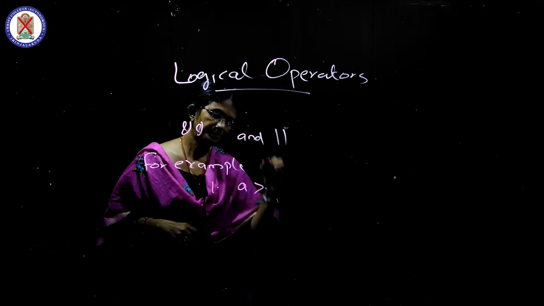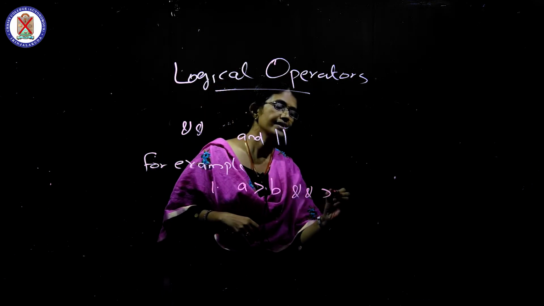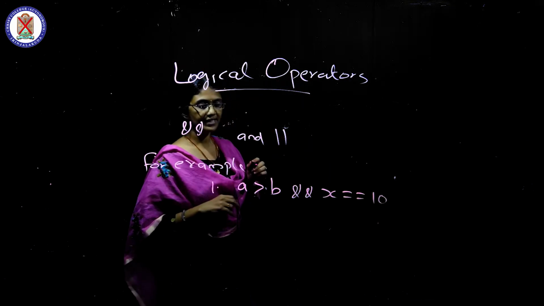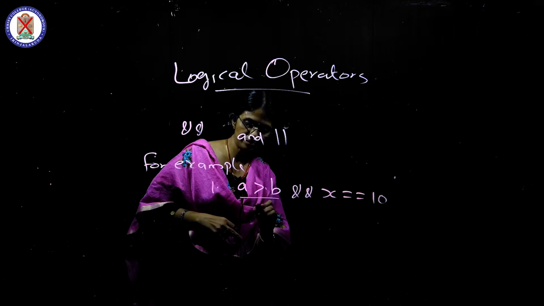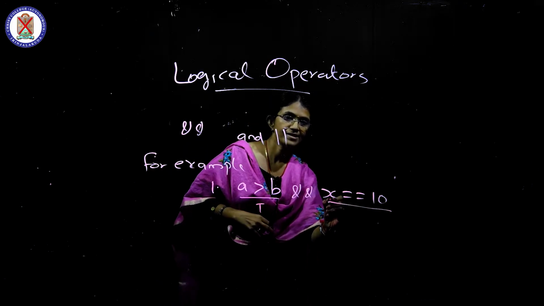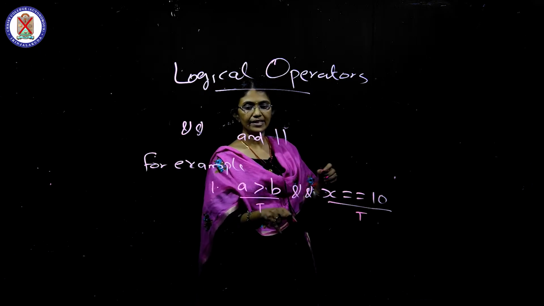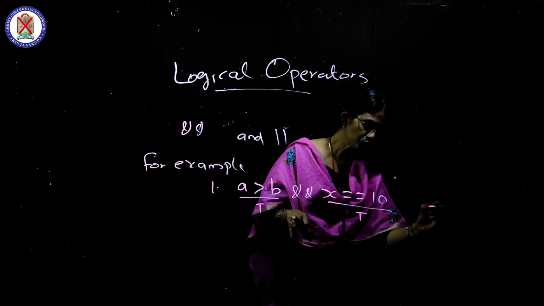For example, A greater than B and X equals 10. In this condition, when A is greater than B becomes true and X equals 10 becomes true, these two conditions being true, then only the value of this expression becomes true.